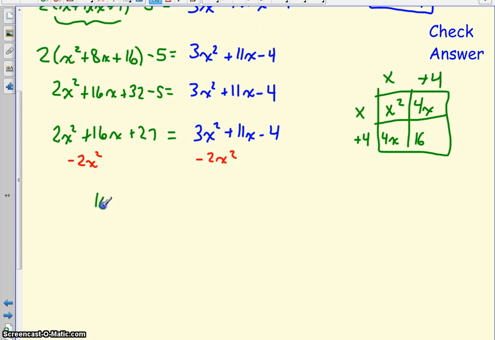Okay, and again, I'm going to take this in slow motion here. If you want to skip some steps and get to the final answer a little bit quicker, you absolutely can. So 3x squared minus 2x squared is 1x squared. Okay, and I just keep going. So subtract 16x from both sides of the equation.